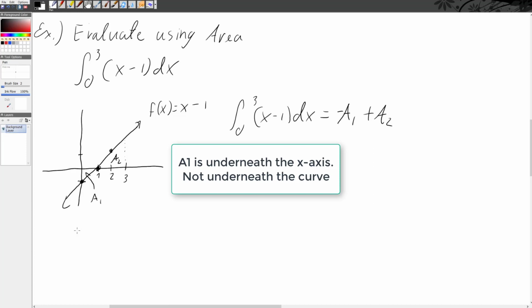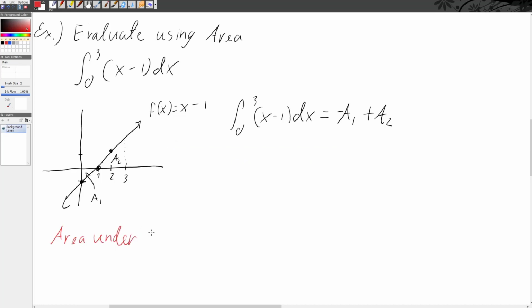Keep that in mind. Area under the x-axis has to be subtracted. And then we calculate. Again, these are just two triangles. So 1/2. A1 has a base of 1. It has a height of 1.